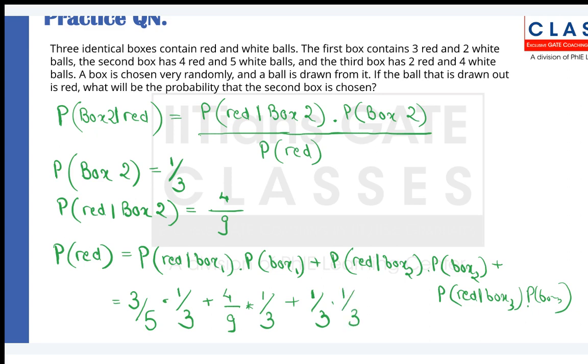Correct? Now you need to calculate this value. I'm not calculating it, you can do that. I don't have a calculator with me now, but I think that will be straightforward. If you plug in those values here, you will get the answer. Fine. One more question will do.